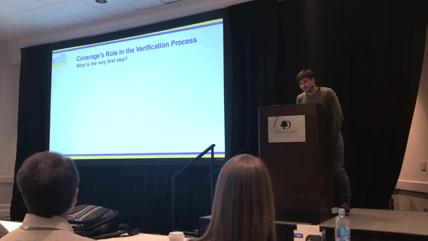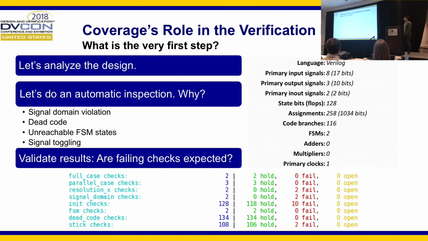And what is the first step that you take? First of all, you do a quick analysis on your design, and you end up with some results, showing how many states your design has, how many FSMs, multipliers, adders, and so on. In our case, it was a relatively simple design that presented I2C master functionality only.